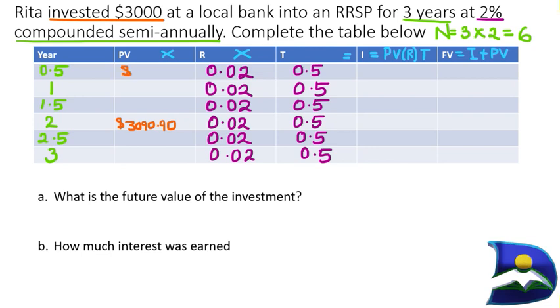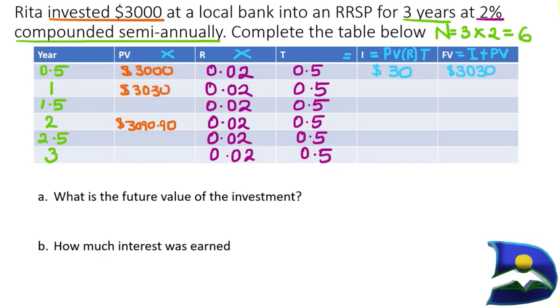It is 3,000, and then once you multiply the rate by 0.02, and after 0.5, you actually have this interest, which is $30 added to your present value, which gives us the future value to be equal to 3,030, and that future value becomes the present value after year 1.